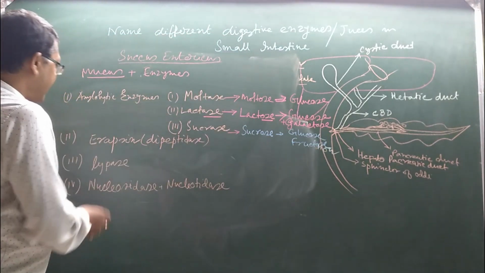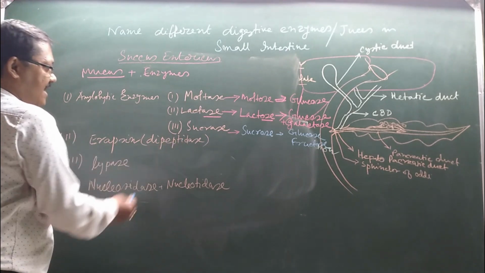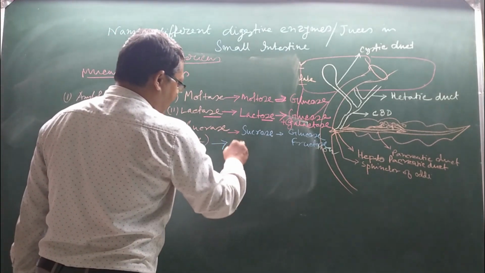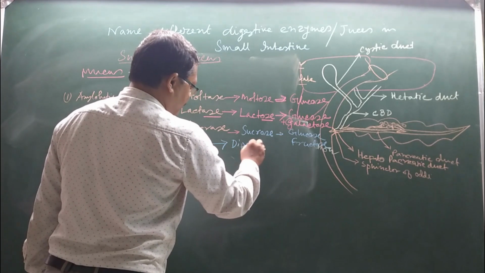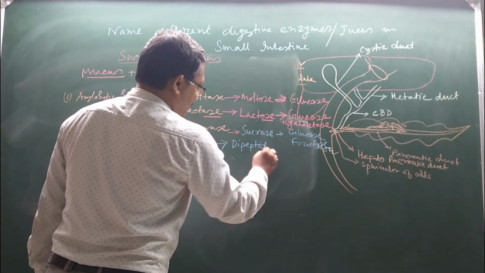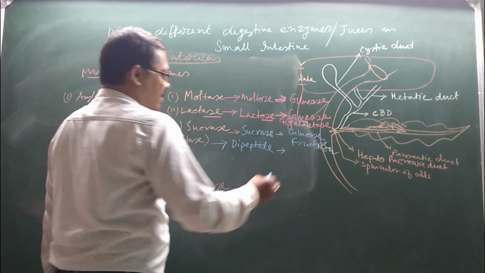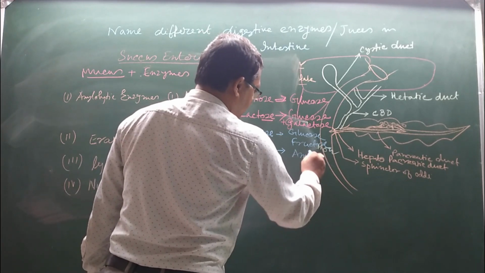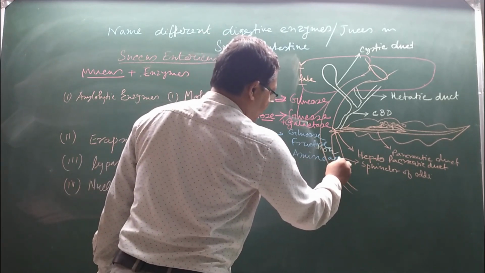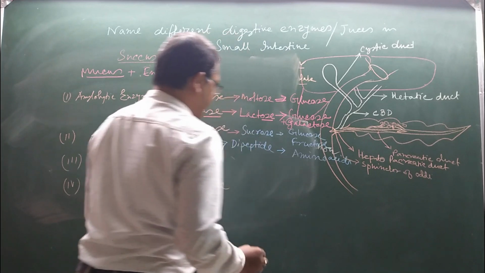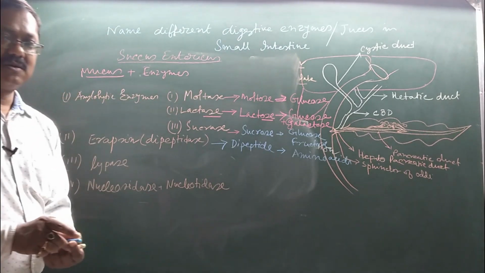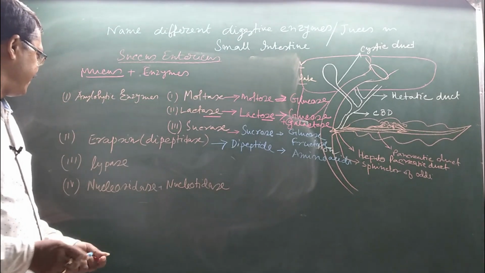In the same way, erepsin, the dipeptidase, acts on dipeptide and produces amino acids. Different amino acids are produced as the end product of digestion of the proteins.